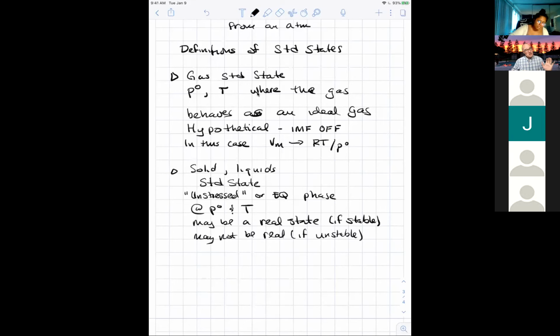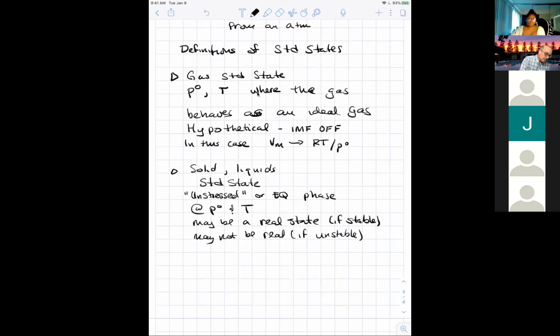It could be metastable too. For example, a supercooled water sample is metastable, but we could also define the standard state even if it may not actually be stable at the temperature we're interested in.